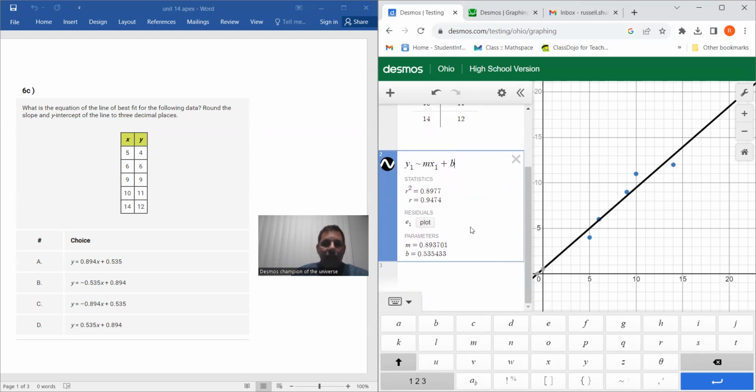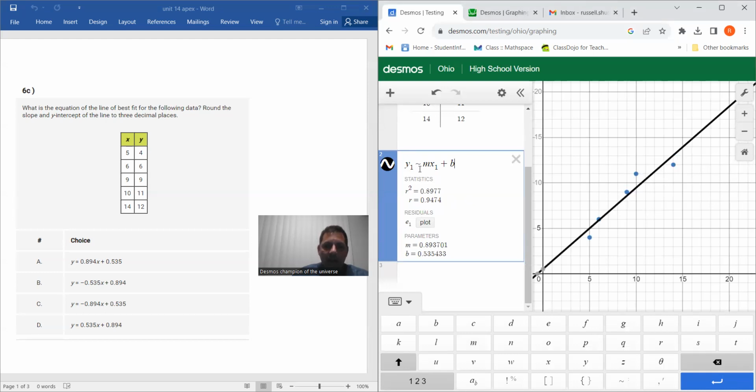And it gives you the equation. M is 0.8937 or 0.894. B is 0.535. So y equals 8.94x plus 5.35.